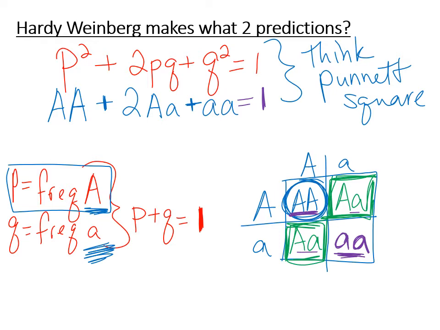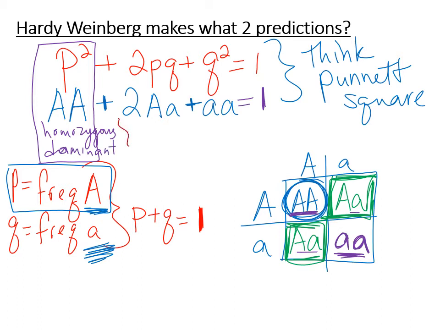p squared is homozygous dominant. Sorry, that was very sloppy handwriting. Then our second one is the hybrid genotype, and our third one is the homozygous recessive.